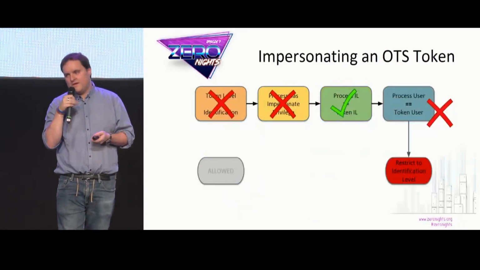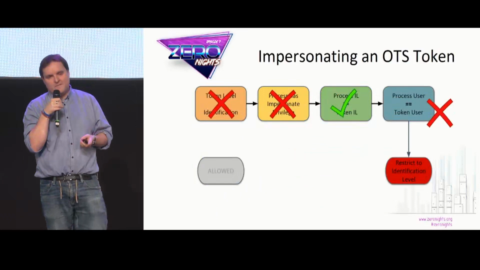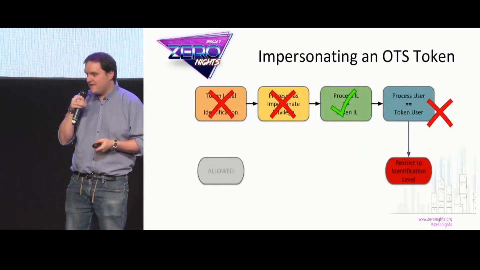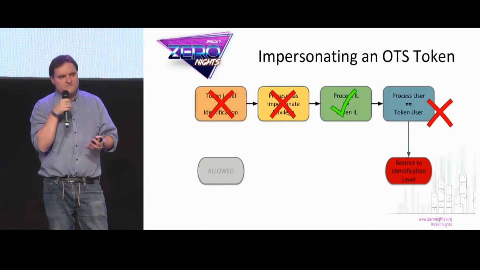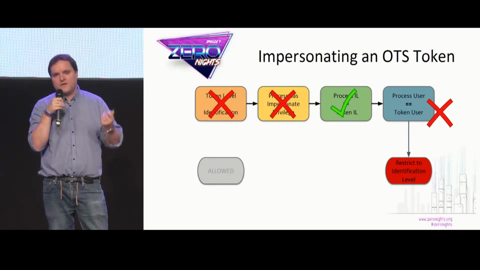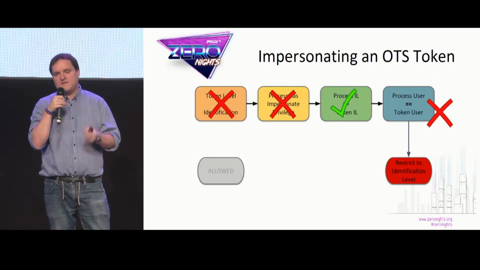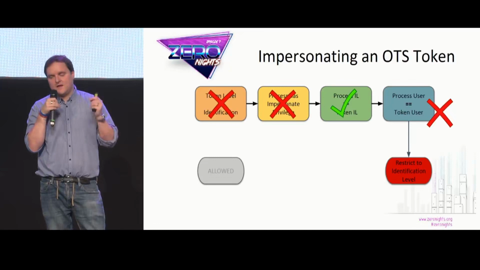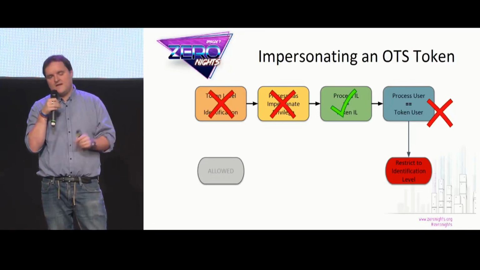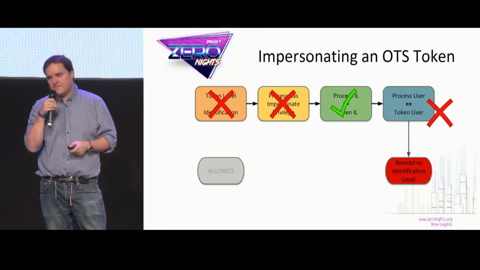So what can we do? Well, we can't impersonate, that's for certain, right? If you remember the process, it checks the IL, and then it checks whether the process's user matches the user you're trying to impersonate. And if they do not match, then it's going to immediately fail. You get an identification token, and that is the end of your privilege escalation route.